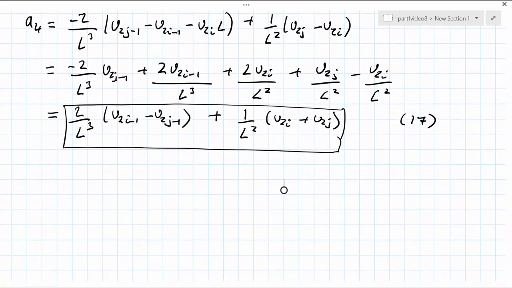We now substitute our values for a1, a2, a3 and a4 back into our function v of x.